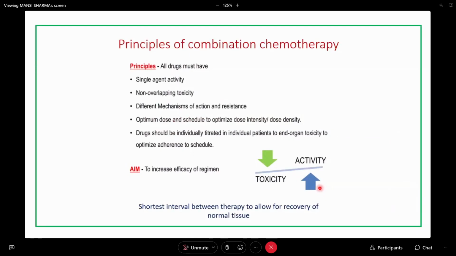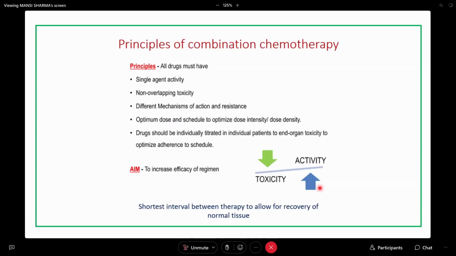So there are certain basic principles that we use for combination chemotherapy. All drugs must have single agent activity with non-overlapping toxicities, different mechanisms of action and resistance, optimum dose and schedule to optimize dose intensity and dose density, and should be individually titrated in individual patients to end organ toxicity to optimize adherence to schedule. So for example, in head and neck cancer, we use DCF: docetaxel, cisplatin, 5-fluorouracil.